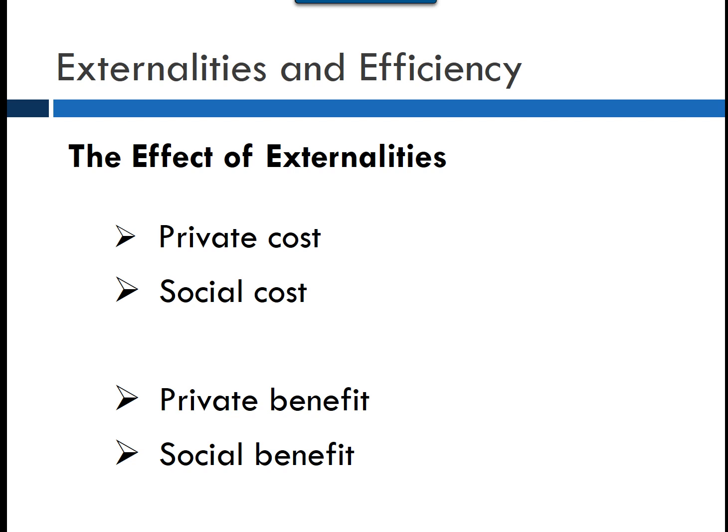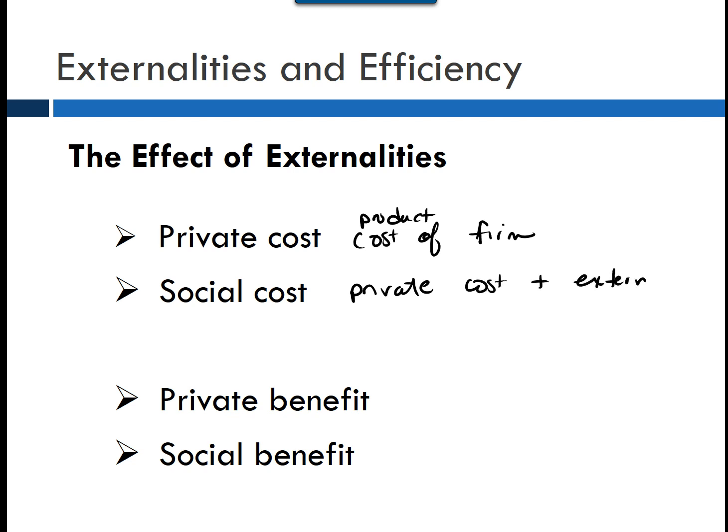So what we have here is the private cost is just the cost, say the production cost of the firm, the total cost that they do. But if there's somebody else, the social cost is this private cost plus any external costs.